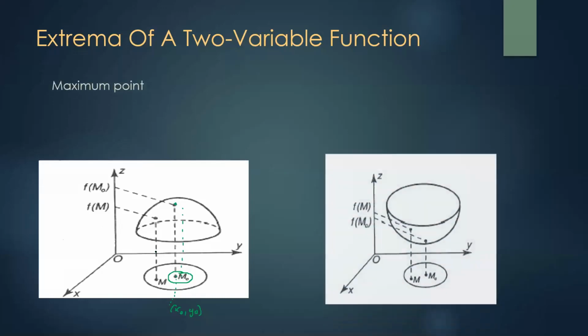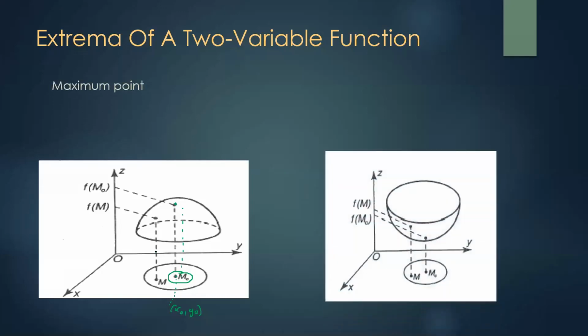And similarly, a point is a local minimum. Again, if we have some neighborhood around this point, even if it's very small, it has to be on all sides. M0 is not on the boundary, it has to be inside some very small neighborhood.